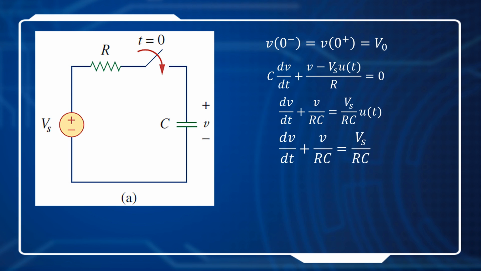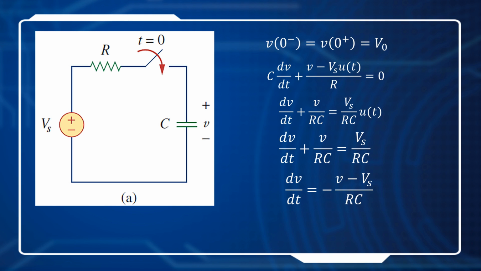Then we can try to solve this equation and we get dV over dt equals minus (V minus Vs) over RC. And then if we integrate both sides, we can find the solution.